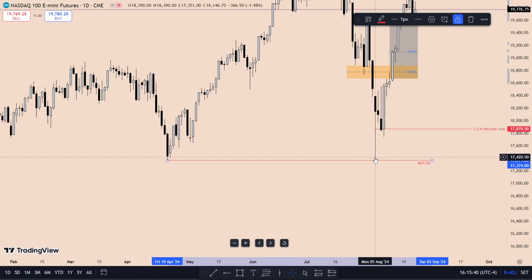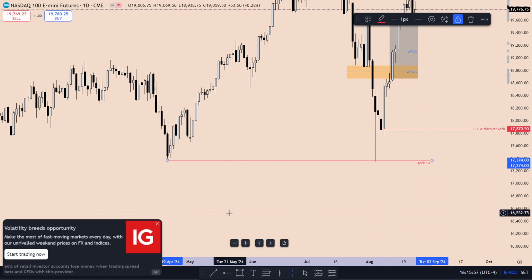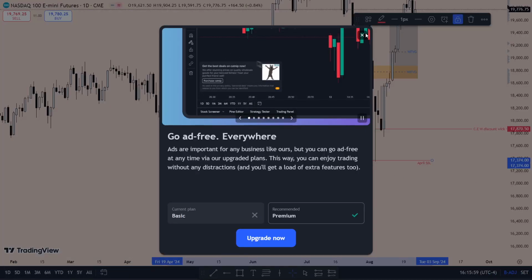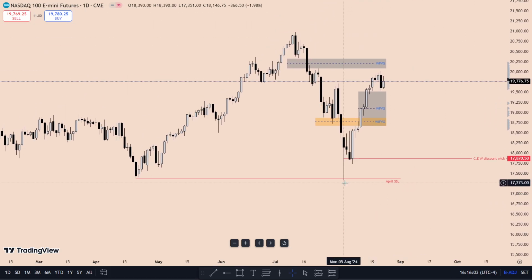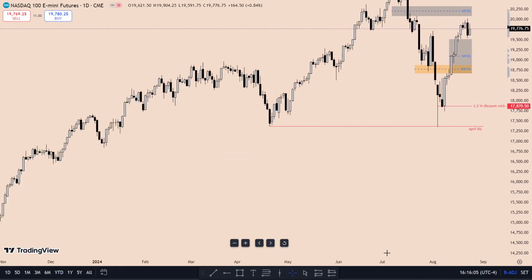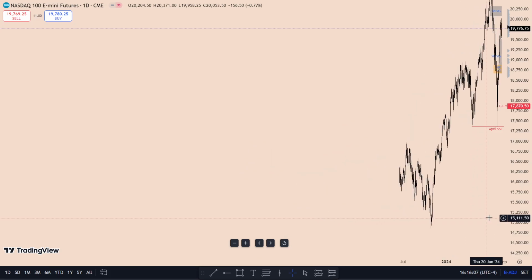So the low of that is 17,351, and the low of this candle is 17,374. So we did go through that by about 23 handles, so that's fair enough. To me, it looks shallow on the daily chart. I feel like it's probably going to go down there again.